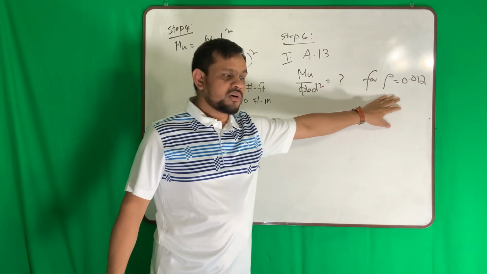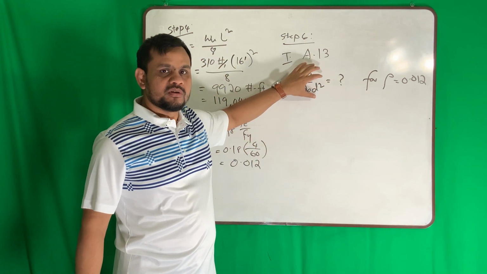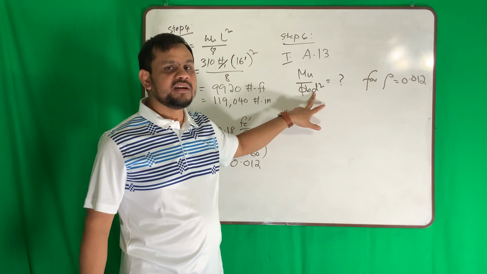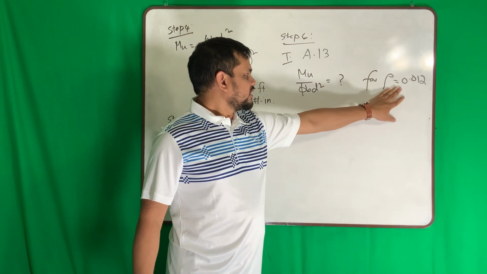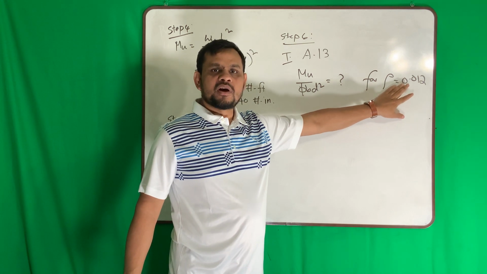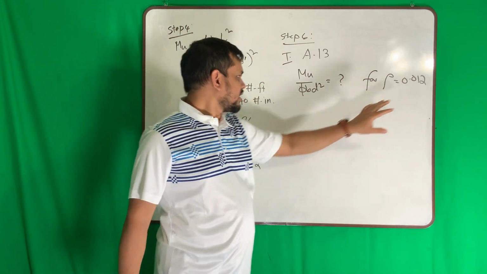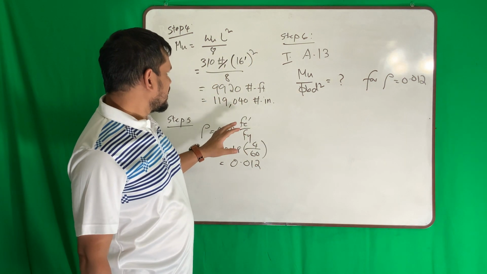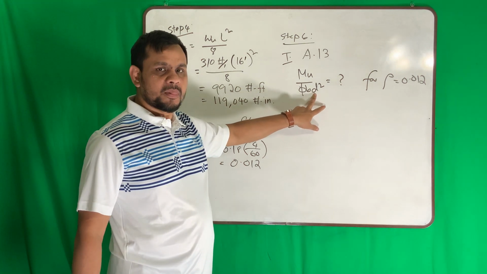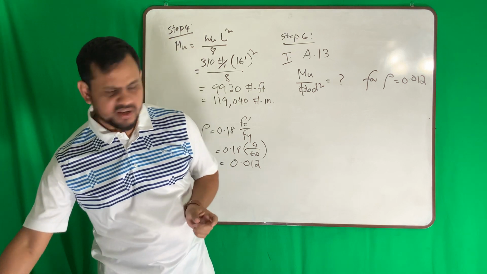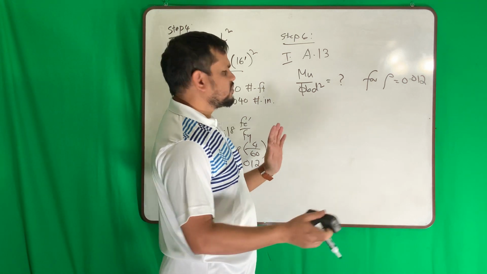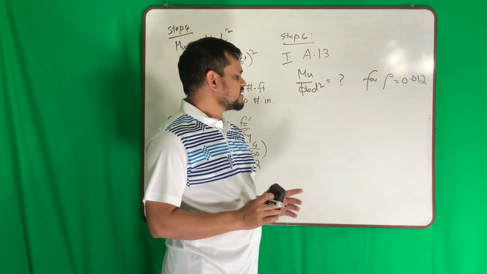If I know my rho, I can find this portion. From that portion, I can find my d required. If I do not know my rho, I can, but I know my d. So both ways, yes, I can go both ways.